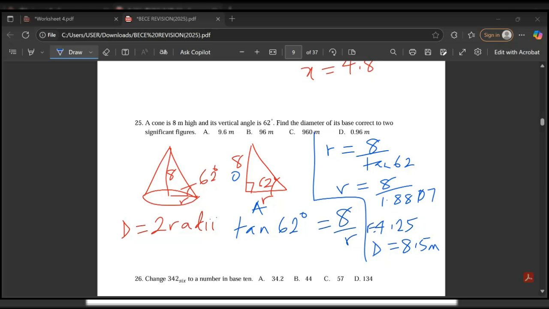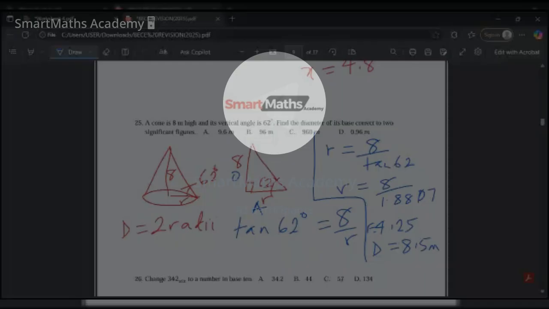I think it's a typographic error. Because we have to get the answer right. Let's move on to the next one.